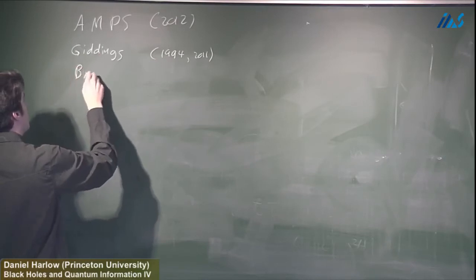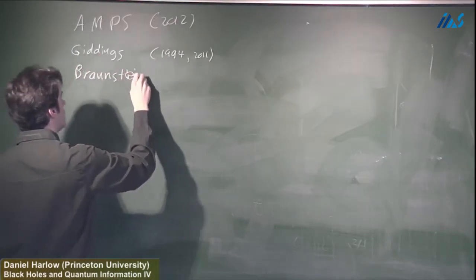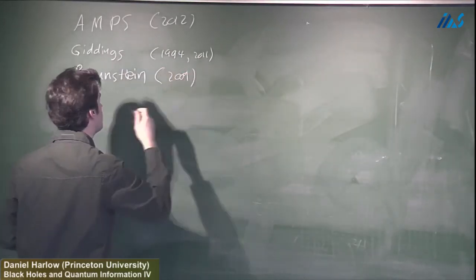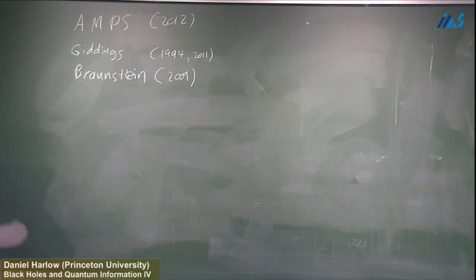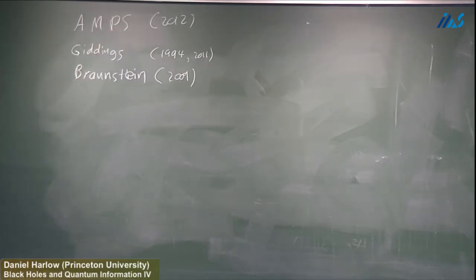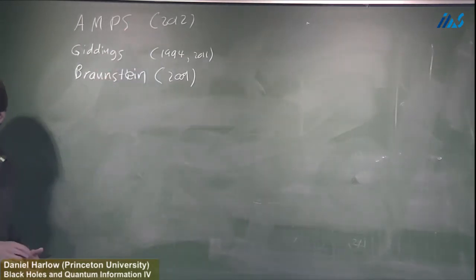Then there's Braunstein, who probably you know better than me, from England, who in 2009, without knowing too much about black holes, got himself confused in the right way to lead him to the same kind of problems that these guys were talking about. What they called firewalls, he called energetic curtains.